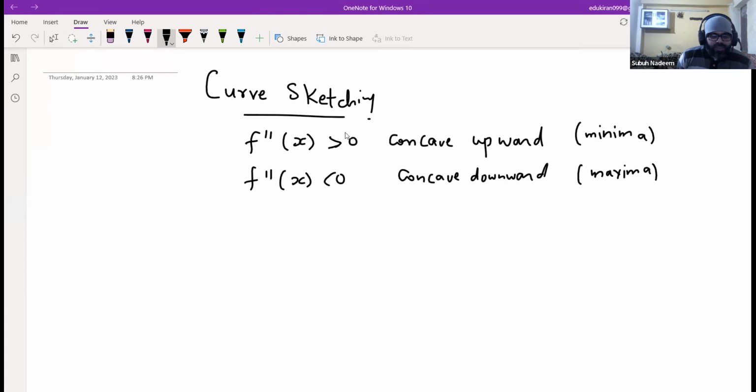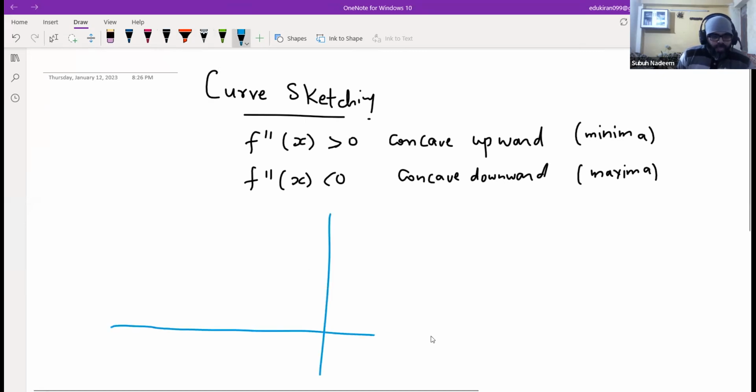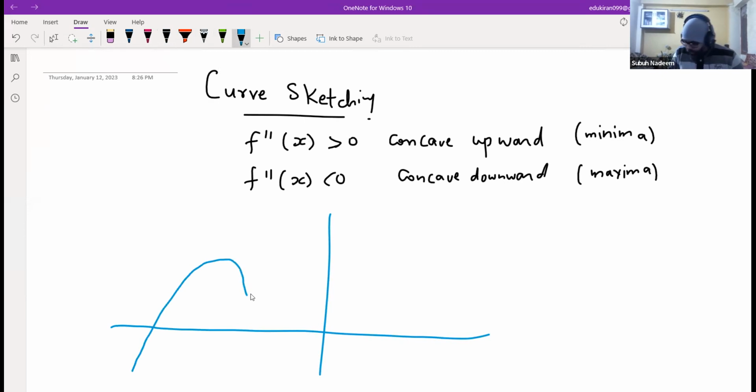So now let us see this sketch and try to understand what it is trying to say basically. So we have this curve which is like this. Then it goes like this.